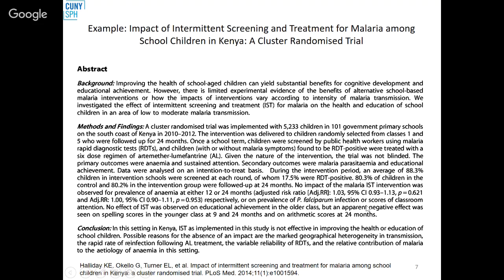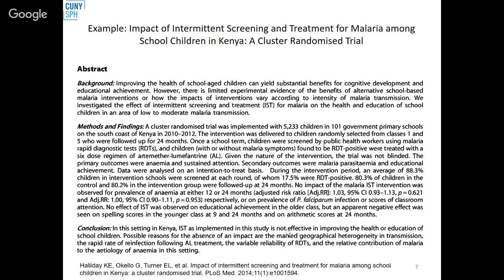But an apparent negative effect was seen on spelling scores. That's a little bit unusual. So maybe the time out of classes for the screening actually harmed their spelling scores. I don't know. But the conclusion is that in this setting in Kenya, intermittent screening and testing, as implemented in this study, was not effective in improving the health or education of school children.